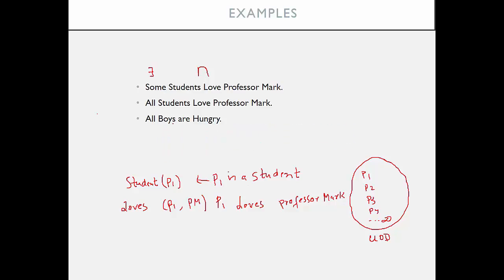When we have to solve this statement, which is all students love Professor Mark, we know that when there's this word all, it means we're going to have a universal quantifier, and it's going to have an implication with it. So how would we represent all students love Professor Mark?